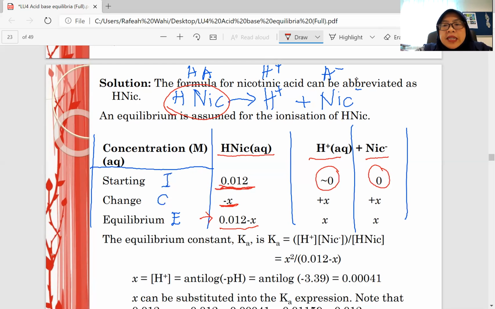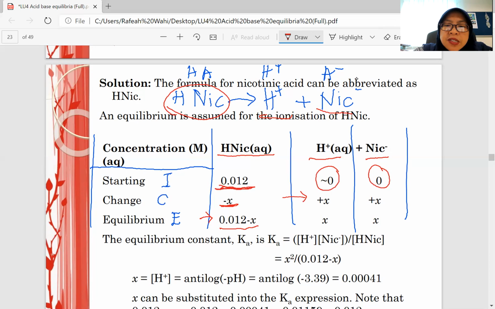We know that the concentration of H plus ion and the conjugate base is always the same. Whatever comes out from the nicotinic acid, the initial acid, goes to the H plus and also the conjugate base.